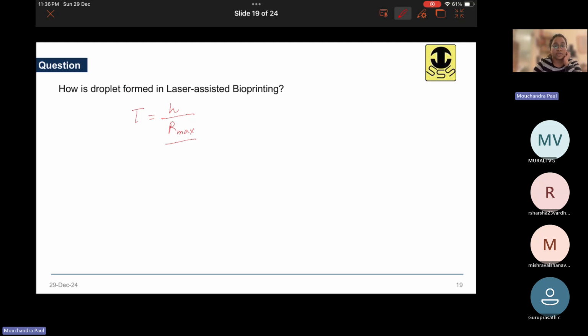And H is the distance or gap between the center of the initial vapor bubble that forms immediately and the free surface of the bio ink. So H is variable. It's going to increase until it reaches R max.